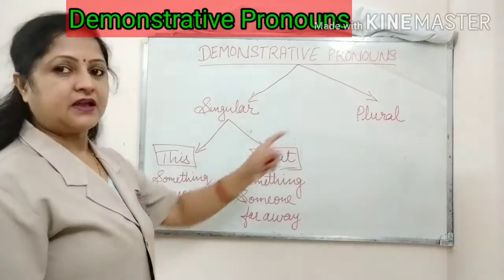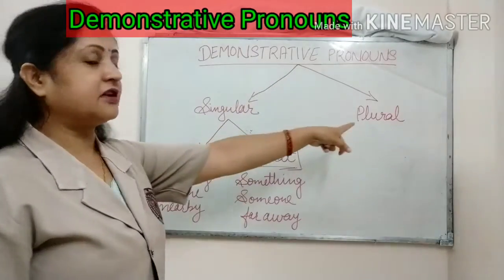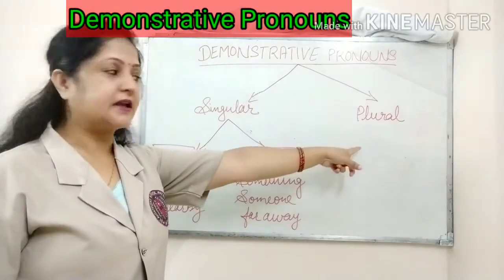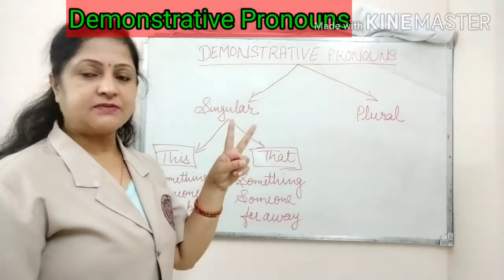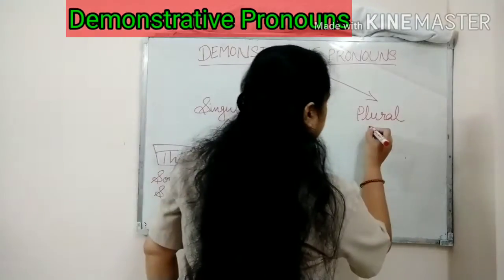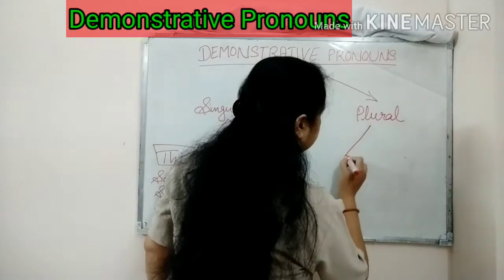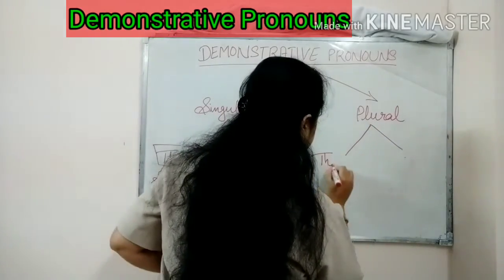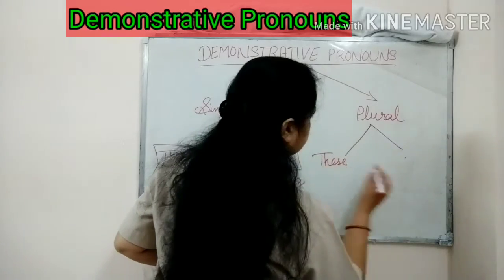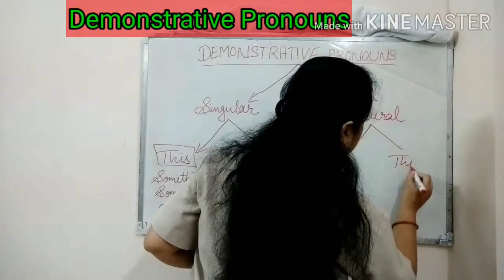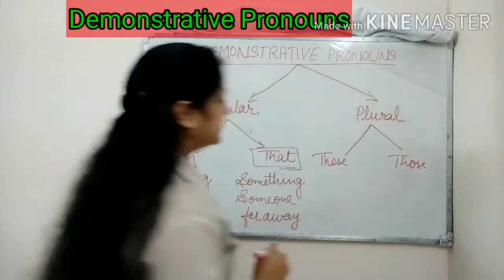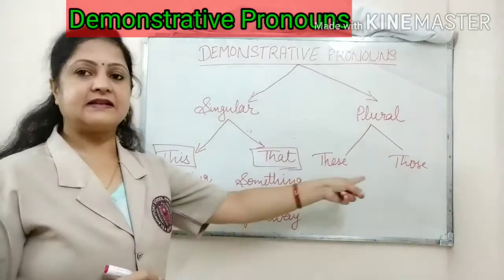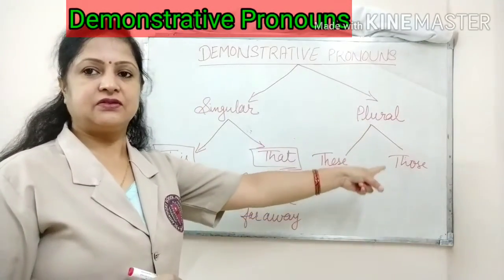In the same way, in plural demonstrative pronouns, again we have two demonstrative pronouns here. The first is these and the second is those.